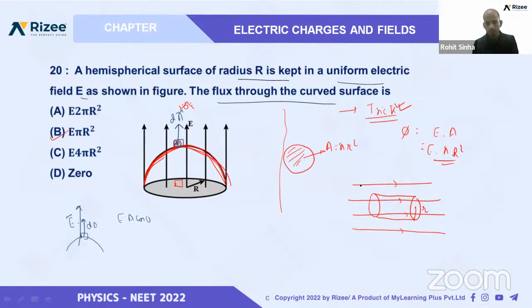Okay, for this cylinder, what will be the flux? Suppose one cylinder is like this, suppose E is here.